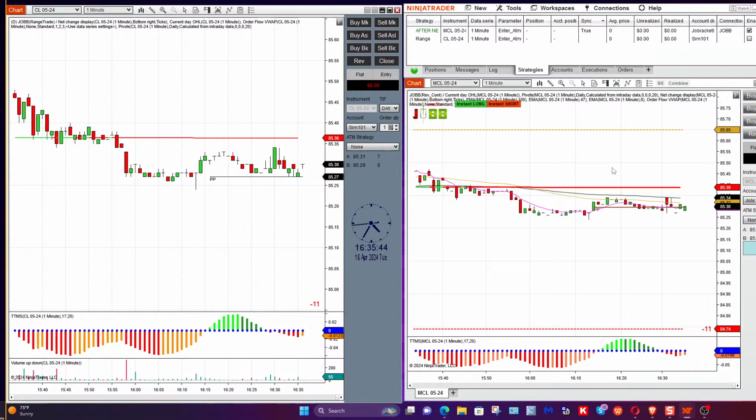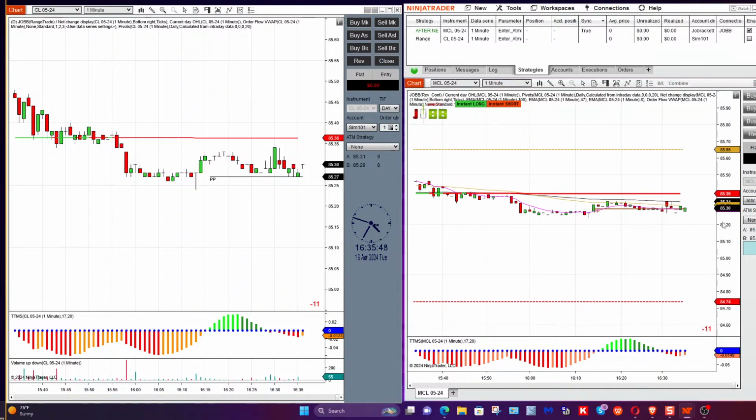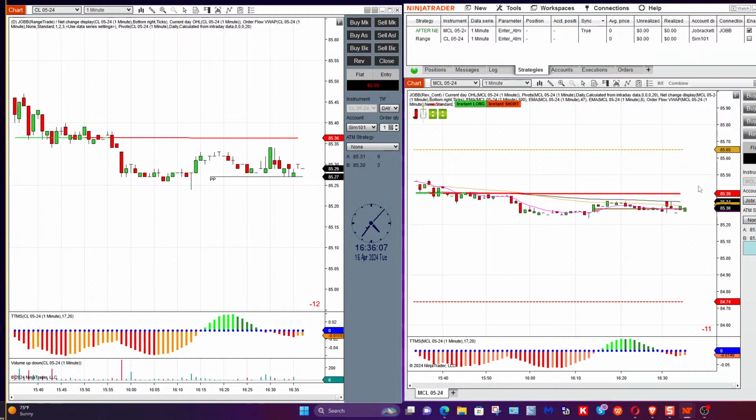At times, this after the news trade works. It often works, especially when you have levels that act as a magnet. Maybe the VWAP could be an upside magnet, but it's only 9 ticks, not that far away. But this time of day, 9 ticks is almost a significant move.